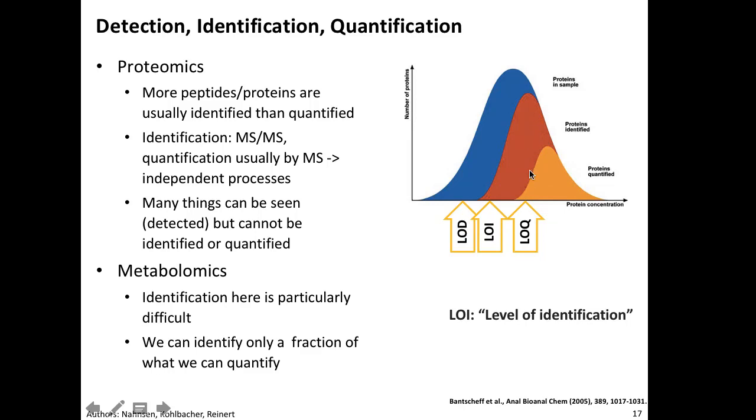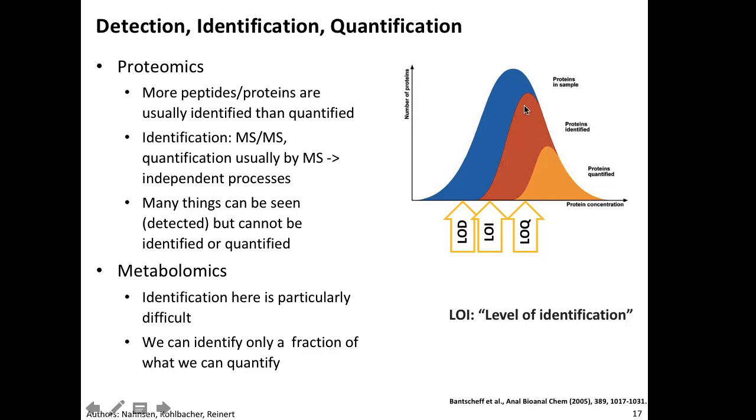Because we can often get decent fragment spectra of peptides that we can no longer quantify because their concentration is below the level of quantification. So when you think of the concentration range that we see, you have concentration here and you have the number of proteins that you observe. Then you have plenty of proteins that have high concentration and they're above the level of quantification, so you can easily quantify them and identify them.